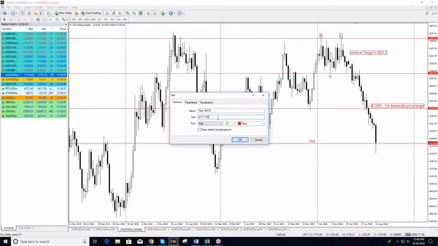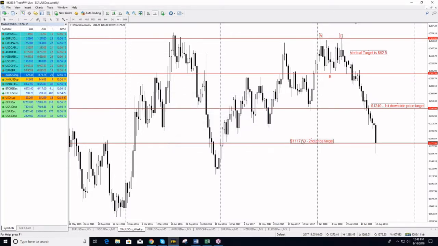So this is the second price target, which was touched nicely. Now the third price target, if you minus again 62.5 from this amount, the next target is 1115.